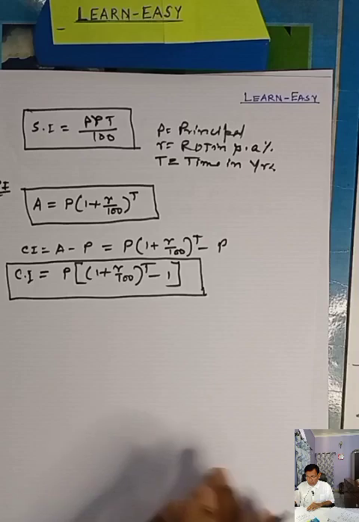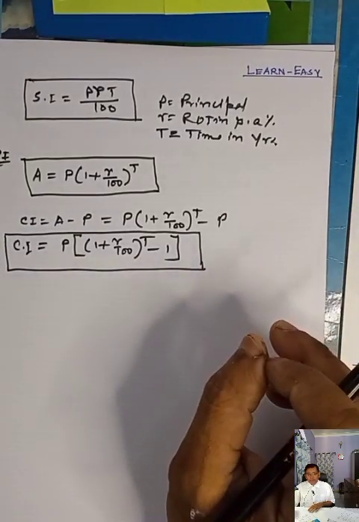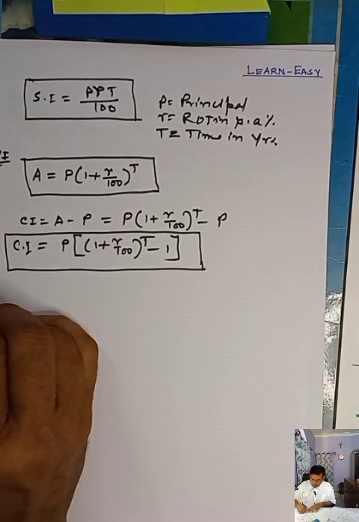Now, the case may happen that interest gets compounded n times in a year. Then what will happen?